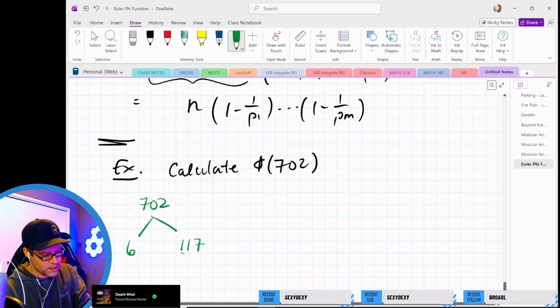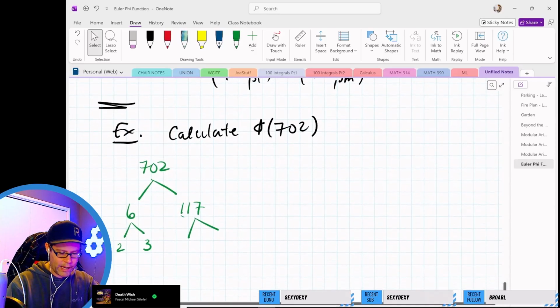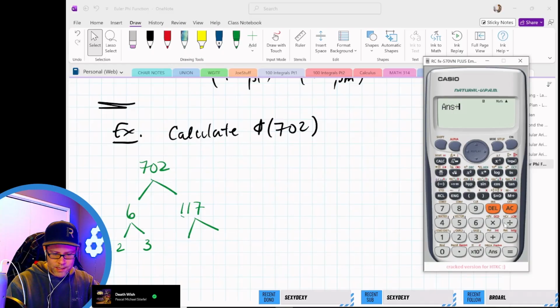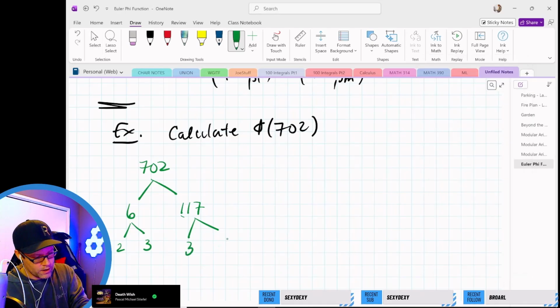Is 117 prime? No, 117 is divisible by 3 still, because 1 plus 1 plus 7 is 9. It's actually divisible by 9, isn't it? It's 13 times 9. 13 is prime, and then 9 can be broken up into 3 and 3.